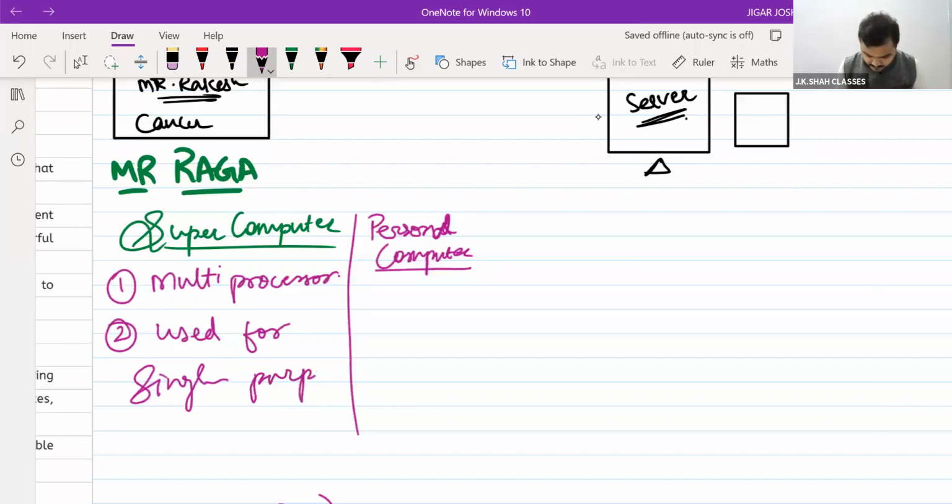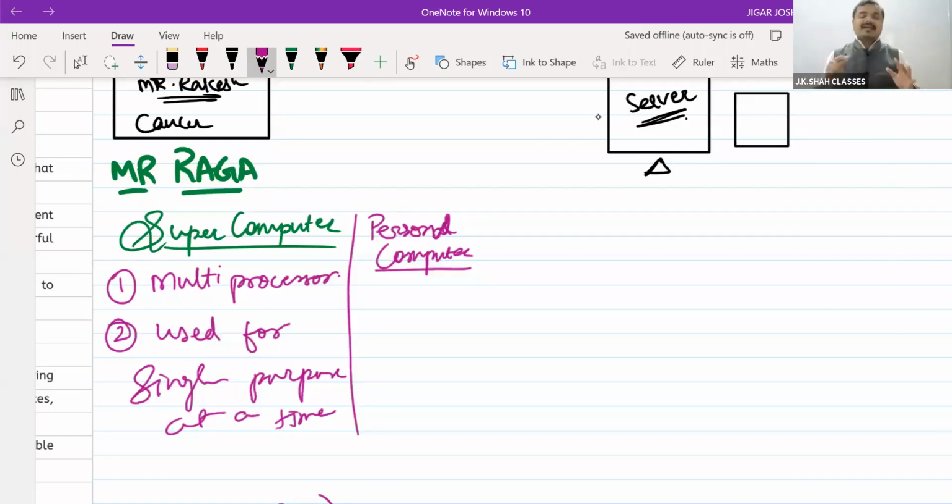It means it can do only one activity at one time. But in India, for climate research, for aerospace, for nuclear weapons and others, for everything, we are using supercomputers.